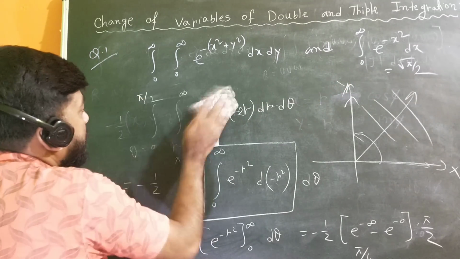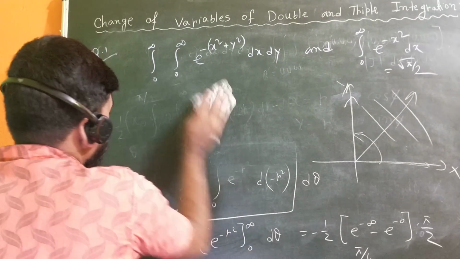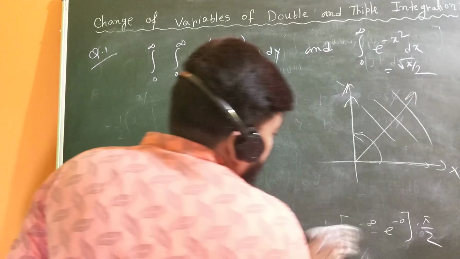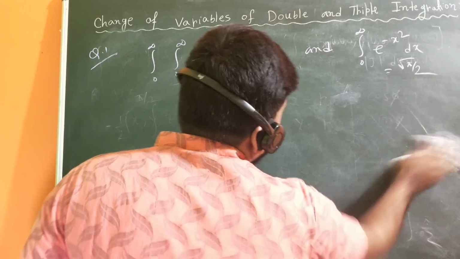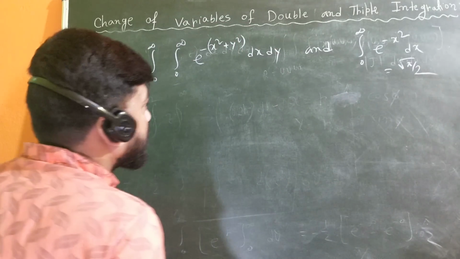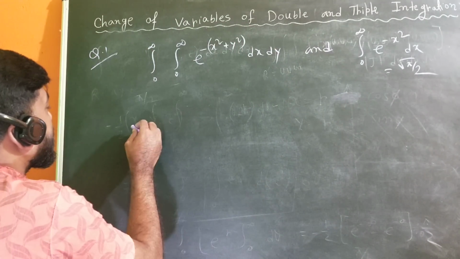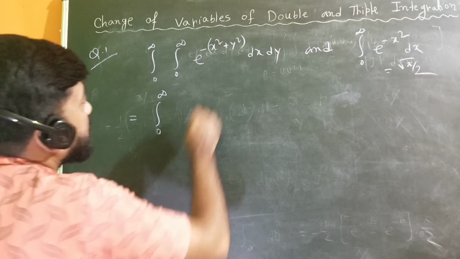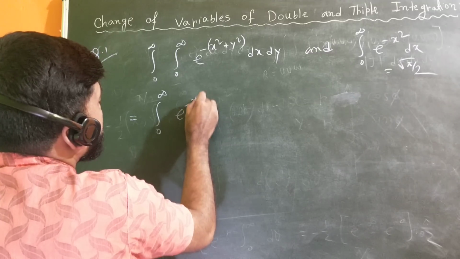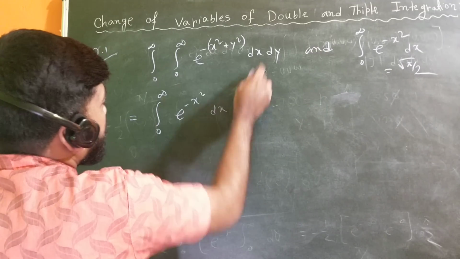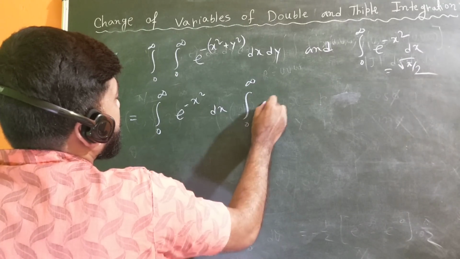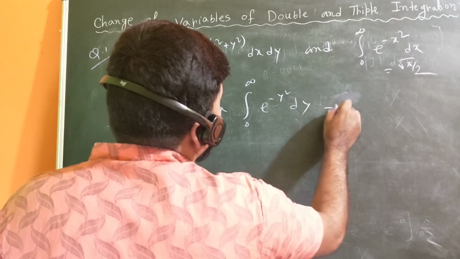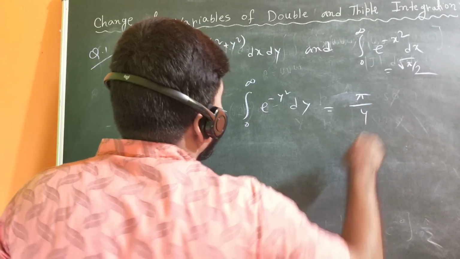Let me see how we can prove this result very easily, because we know the property of definite integration. If you modify this integration, it will take the form integration 0 to infinity e to the power minus x square dx, into integration 0 to infinity e to the power minus y square dy. The result of this integration I have calculated, that is pi by 4.